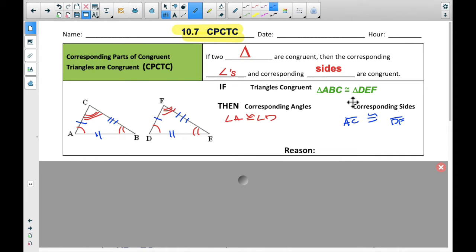Again, that comes from the letters in order. It also comes from the examples. And so when you have this in a proof, the reason is you say CPCTC. In our proofs, we'll prove that triangles are congruent, and after we've proved that triangles are congruent, then we'll say CPCTC. All right, let's take a look at some more examples.